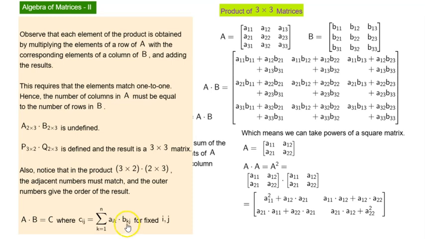So here you will notice that we are taking the column element for a fixed i and j. Try to work this out and make sure that you understand how this works out.